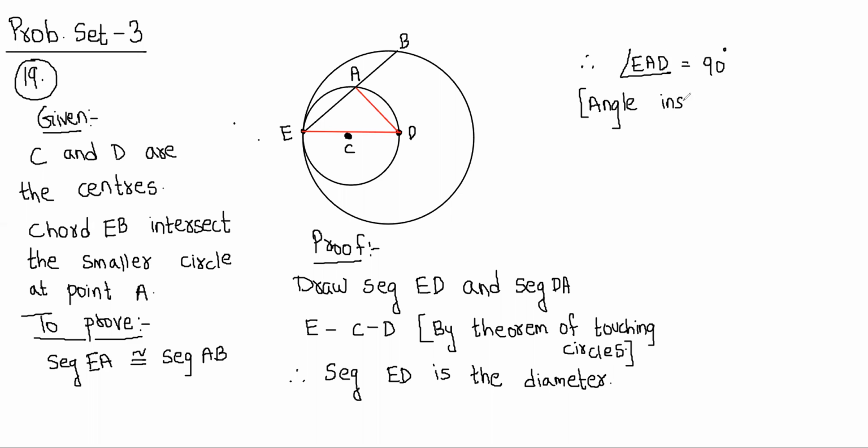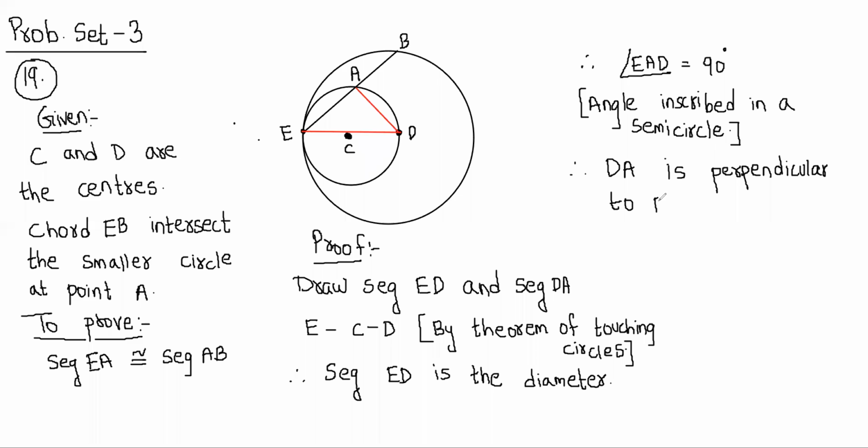Then, therefore, DA is perpendicular to EB. Now again we will go back to the 9th standard circle chapter, where we studied a theorem.